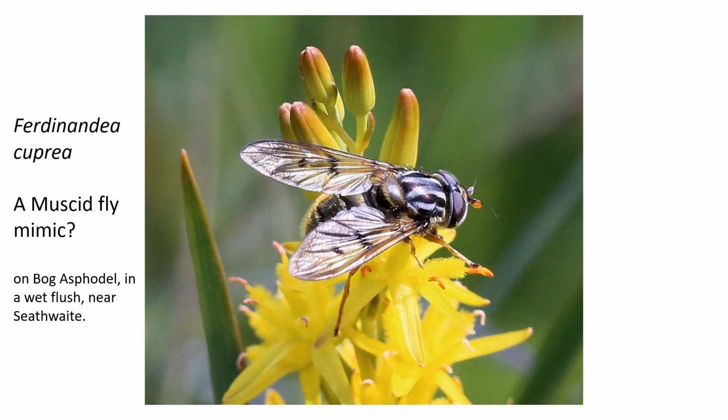And what I'm suggesting is that actually it's pretending to be a fly, because in this sort of environment you would rarely find bees and wasps in boggy areas, and therefore it pays to pretend it's something else, or at least that's my suggestion. I'm not sure if anyone's going to back me up on that. But as you can see, it's found in a wet flush on bog asphodel.